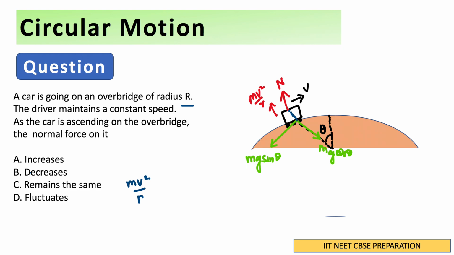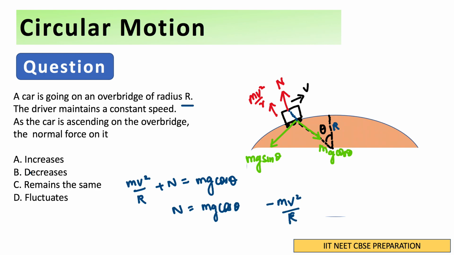So this will be mv square by r, this radius r, and then we will have the normal reaction n, and this will be equal to mg cos theta. So from here, can I write that normal is equal to mg cos theta minus mv square by r. So this is the equation of normal reaction.